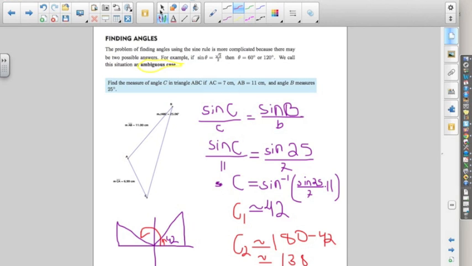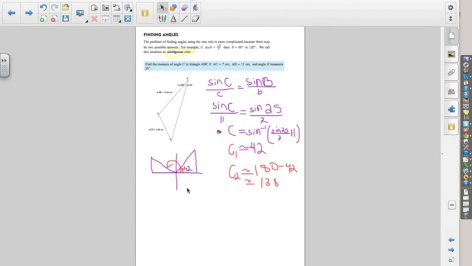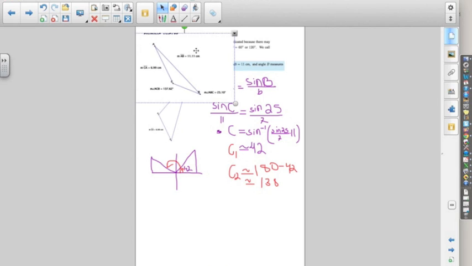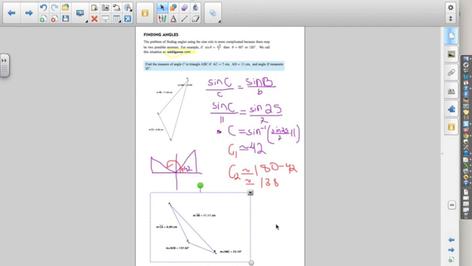So what we have here is we can see that there are two solutions to this triangle. The solution that I have pictured here, where C is an acute angle of 42, but there's another solution, and that is where C is actually an obtuse angle of 138. Let's have a look at what that other triangle could look like. Well, it could look like this.